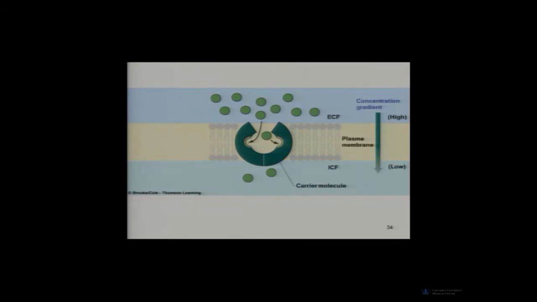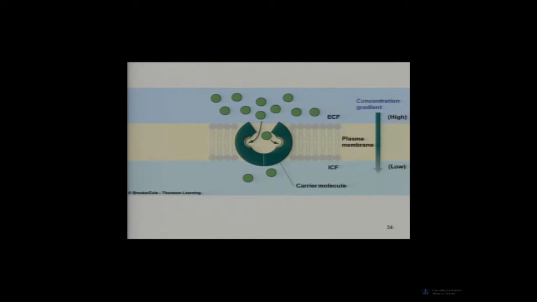It's more a function of probability, right? The likelihood of binding is greater at the end with the higher concentration. The likelihood that the substance binds to the protein is higher in the area of higher concentration. Yeah, absolutely.